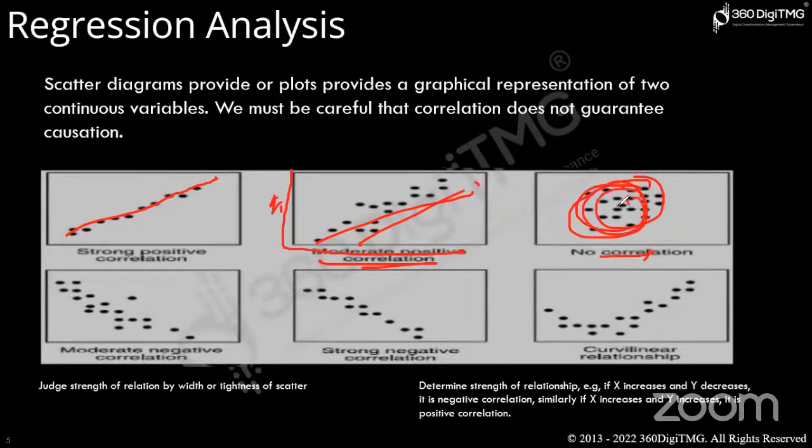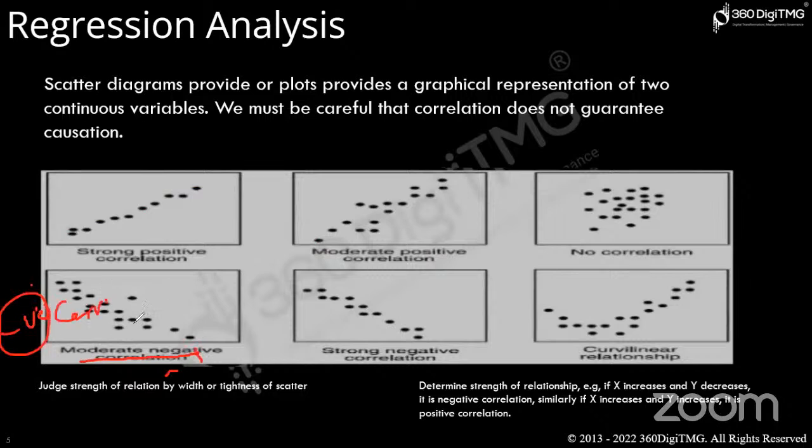In this case, we have no correlation. And if X is increasing, Y is decreasing, in that case we have a negative correlation. Also if most of the data points are present on the line, we can say it is a strong negative correlation.